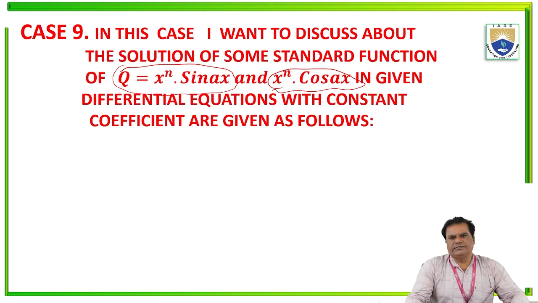Only these two functions are allowed in case 9. n is any positive number, suppose x, x square, x cube. And in sin ax and cos ax, a is also a number: sin 2x, sin x, sin 3x, any number may be there.